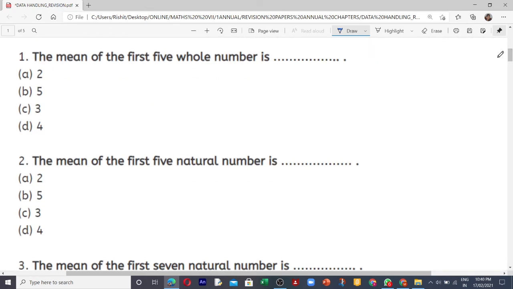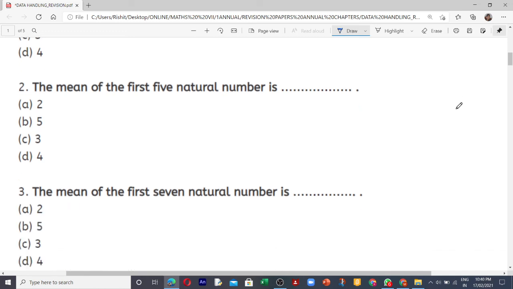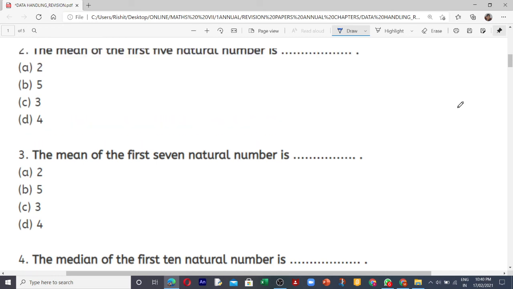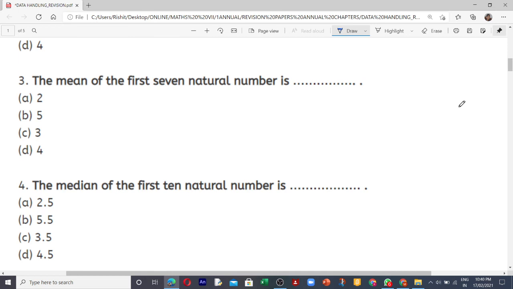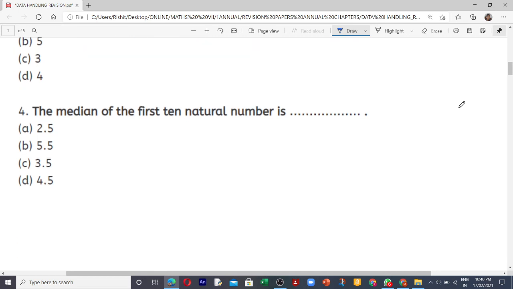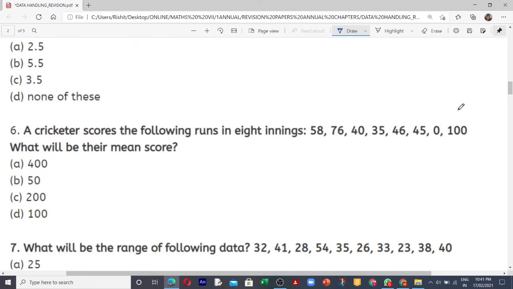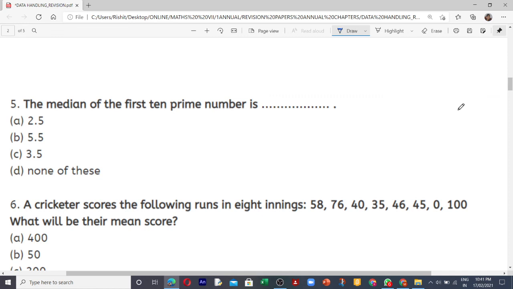See the first one, then second, okay, then third, this is fourth, fifth. You can replay the video again if you have doubt in any question.